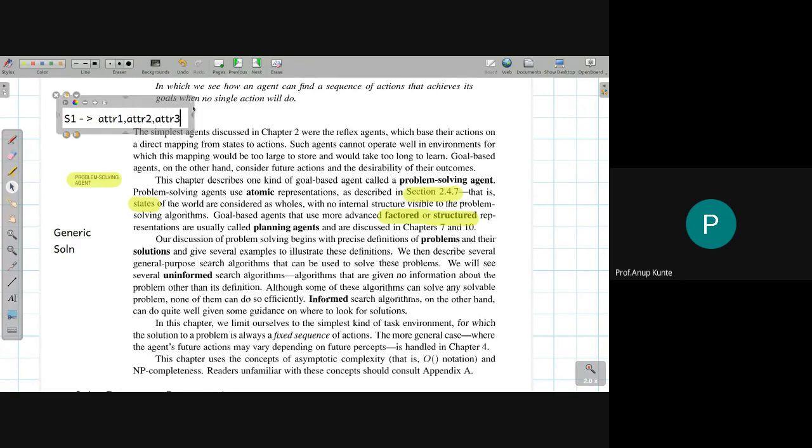Throughout, if I'm using this representation of state while solving a problem or constructing a solution, the state of the environment will always be represented using these three attribute values only. There won't be any fourth attribute that can dynamically be added, or any one or more of the attributes removed from the definition of the state of the environment. And that is what this word atomic means.